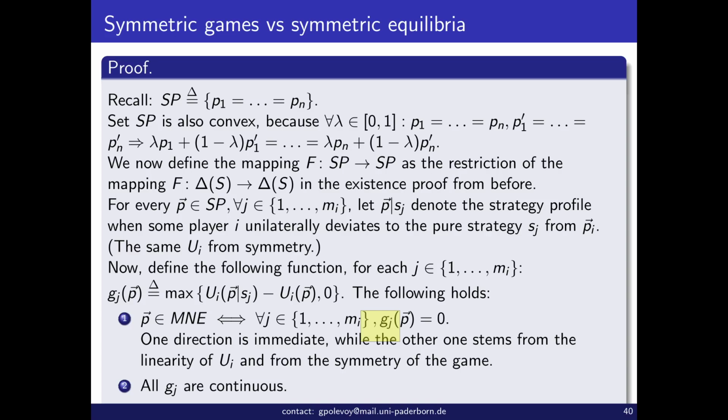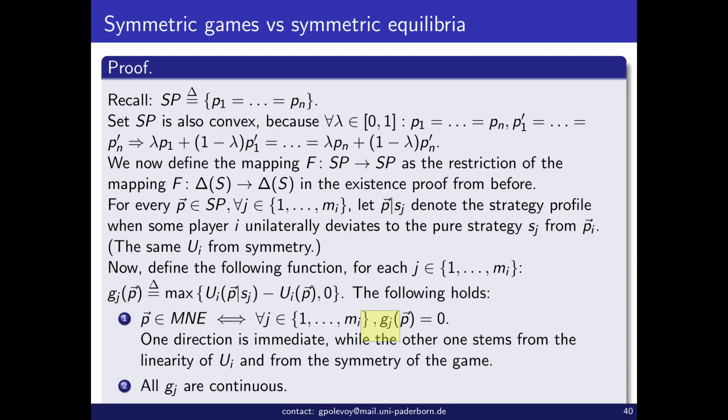So that's one. Second, that G_j is continuous, because we look at a continuous change in the profile p, where we just make one of the players, it does not matter which, but exactly one of them, change to play s_j.